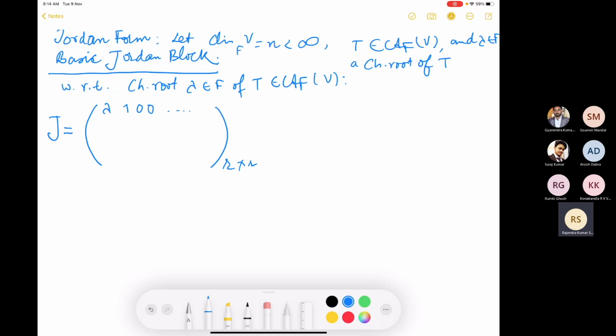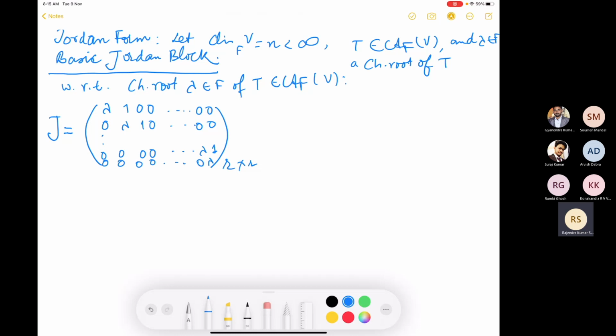Second row will begin with 0, lambda, 1, and so on. And if you look at the last but one row, this will be 0, 0, 0, 0, and then lambda, and then 1. And then the bottom row will be 0, 0, 0, 0, and the last entry will be lambda.